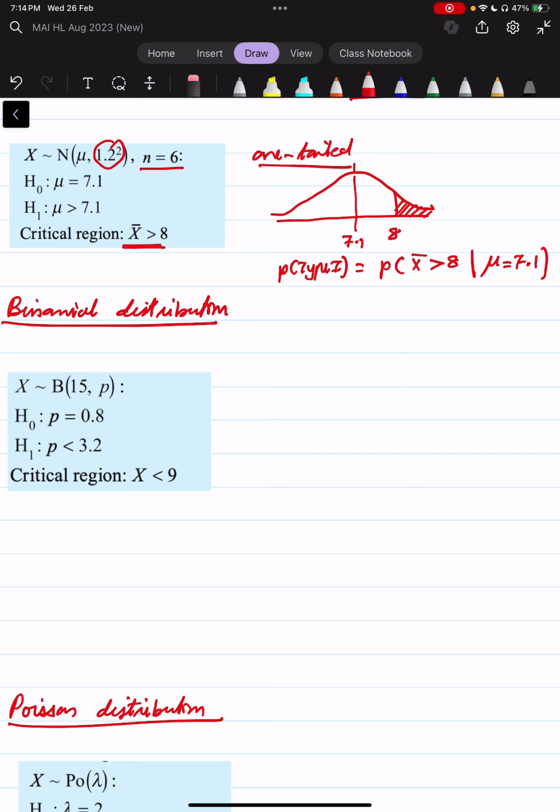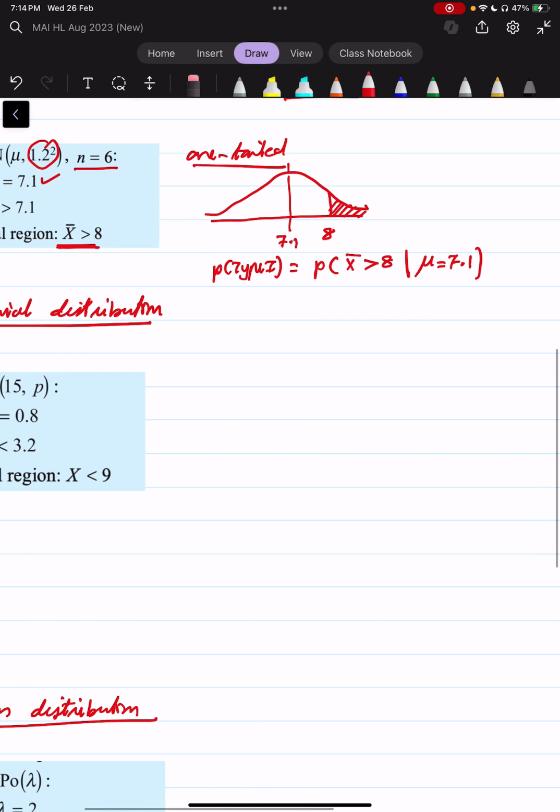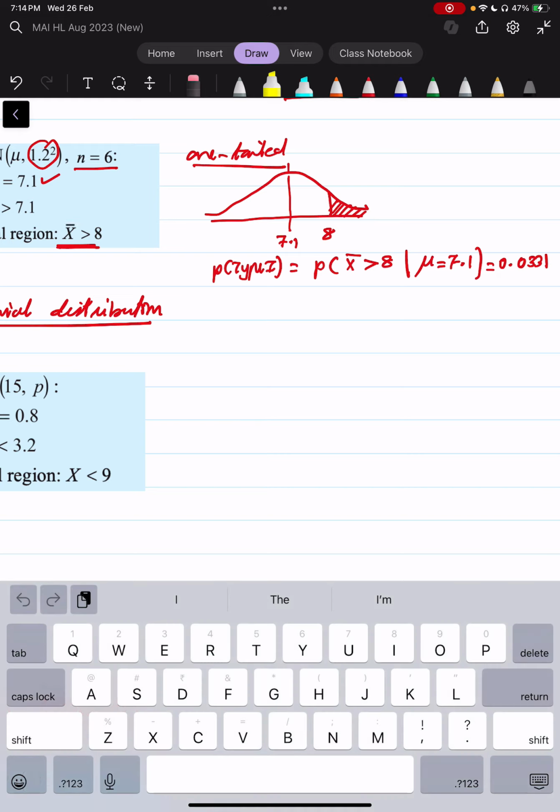Again, central limit theorem. We are working with samples. Mean, you take the mean to be 7.1. So 0.0331. That's your answer.